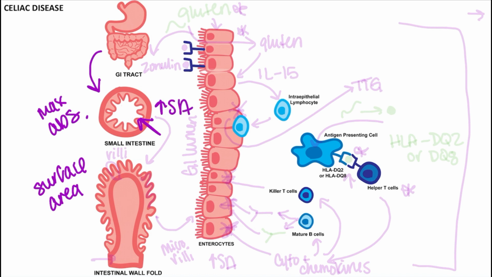The second measure is through the addition of villi, which are these finger-like projections found on these intestinal wall folds.